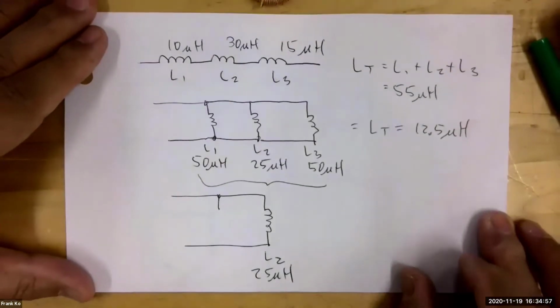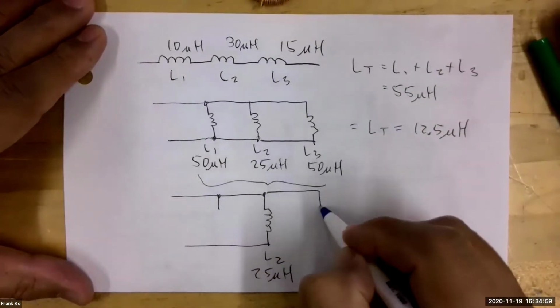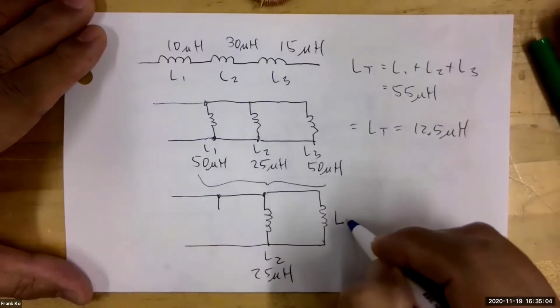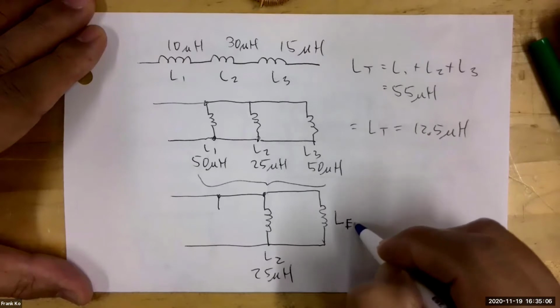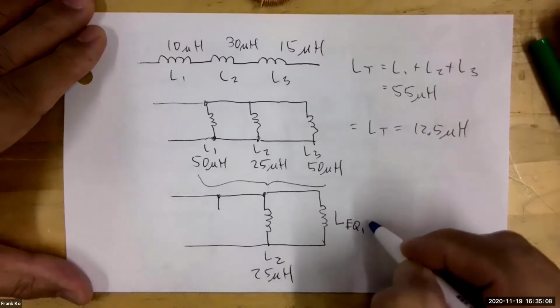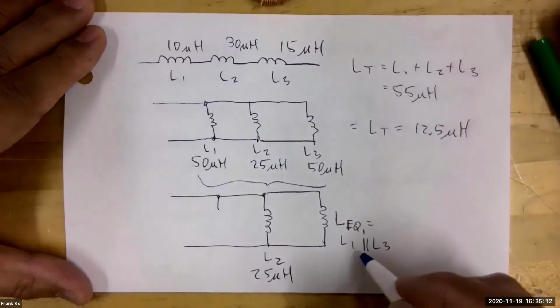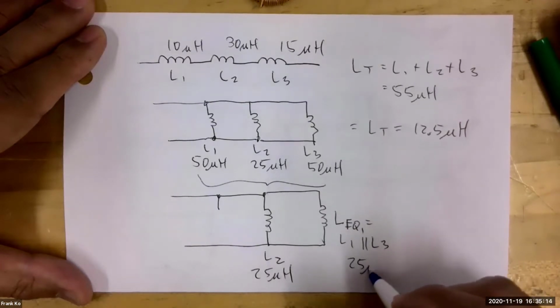And then over here, I would have a coil, LEQ1, which is equal to L1 parallel with L3. And this would work out to be 25 microhenries.